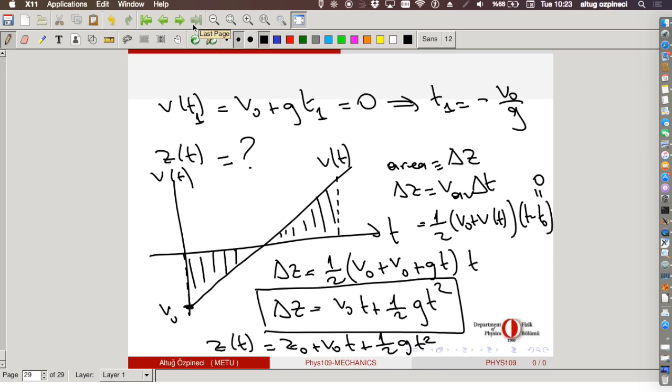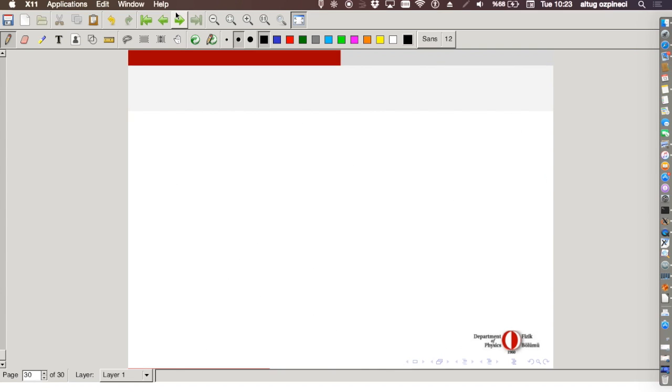Now, this is one way of calculating it. We had another expression for the position as a function of time, or the change in the position. Let's say we want to find delta z. We can write it as an integral. We know that v of t prime times dt prime is the change in the position within a time interval of this length starting from t prime.